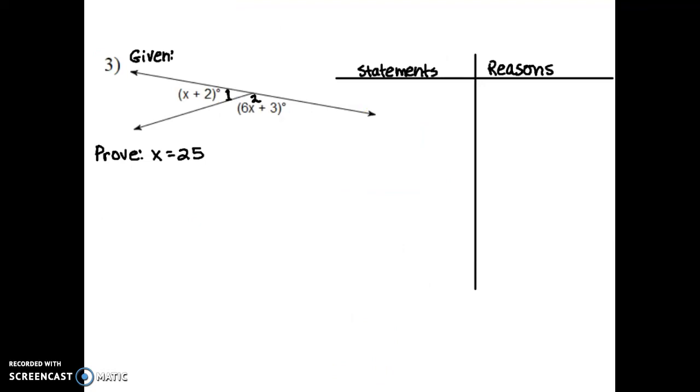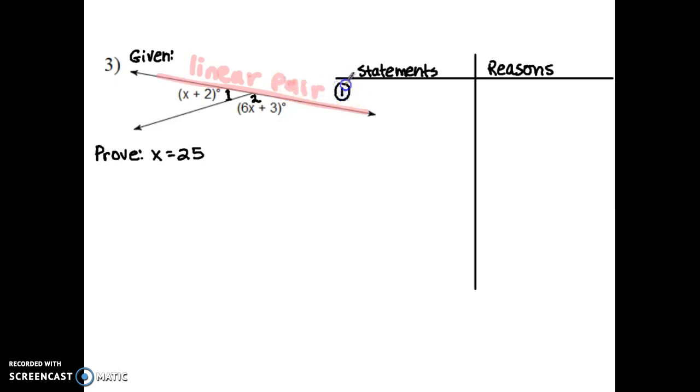Looking at my next example, paying attention to what information I have in my picture, I should see that this is a line, so I want to be thinking linear pair right away.